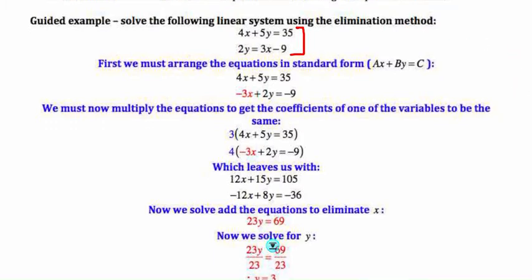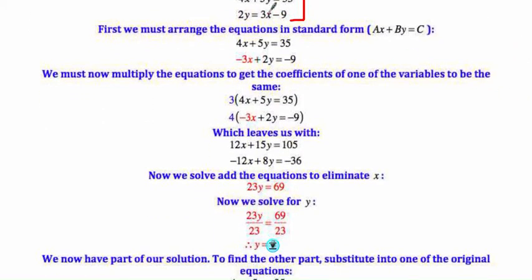So our first step will be to rearrange the equation by moving the 3x to the left hand side, resulting in minus 3x. Now we can see that we have our x's lined up, our y's lined up, our equal signs lined up, and the constants on the right hand side.